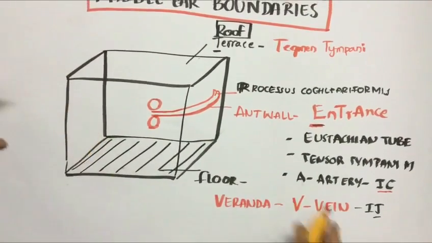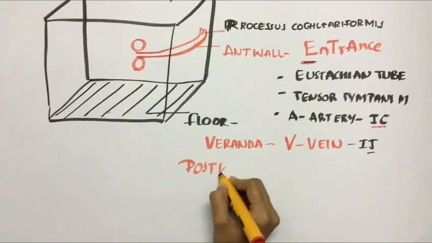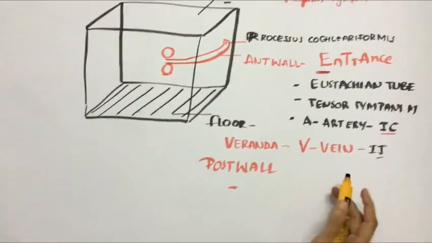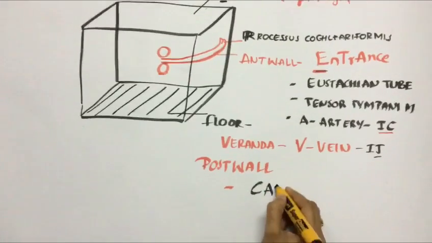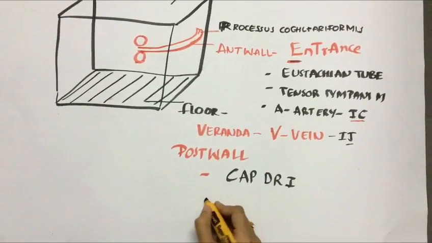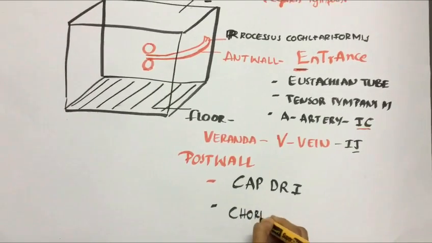Coming to the posterior wall. On the posterior side of the house, you have a dry cap. Cap, dry. C for chorda tympani nerve.